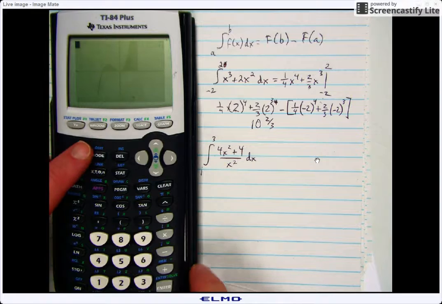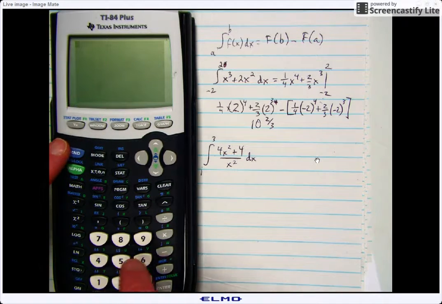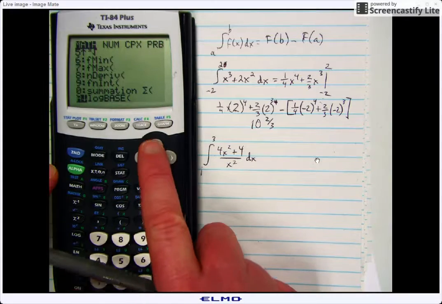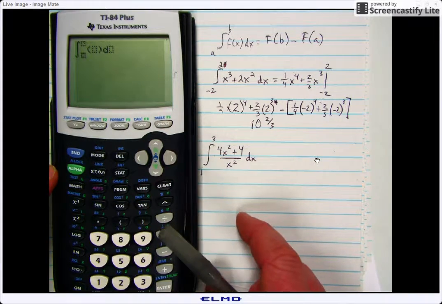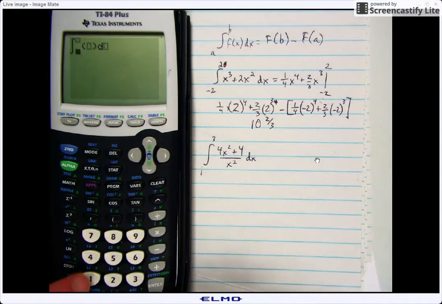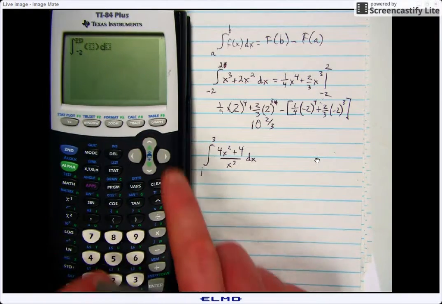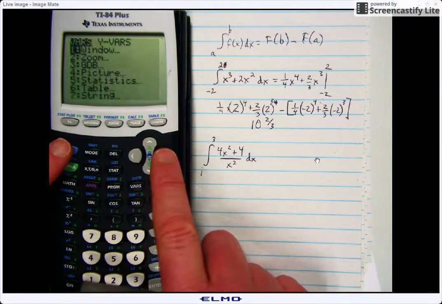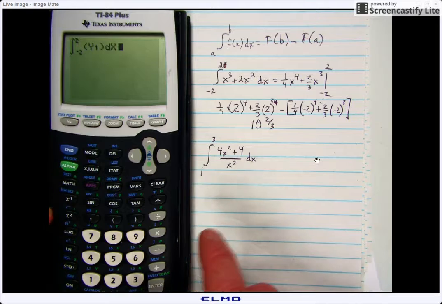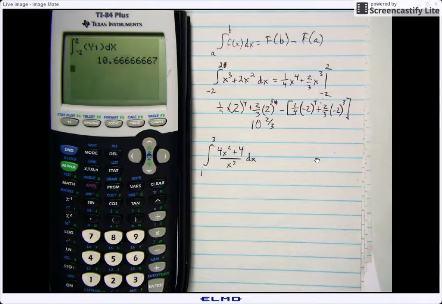The other place you verify it is on the home screen. Math, function int. And this calculator has the shortcut, so negative 2 to 2. Again, your y1, if you want to re-enter the whole function there, go ahead. Knock yourself out. I don't want to waste that time.